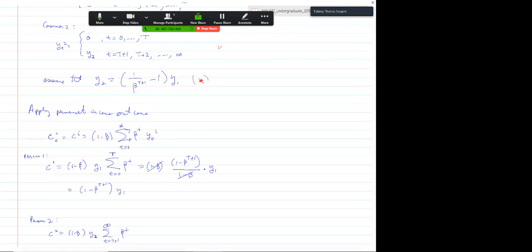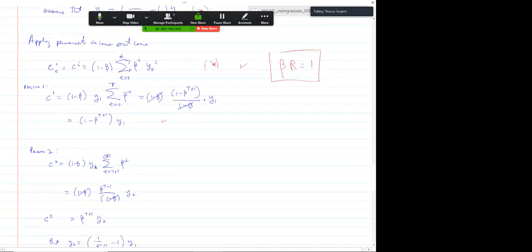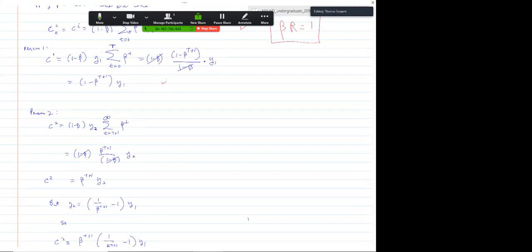The permanent income theory is going to say, that's our equation for what the person consumes. And again, we're using beta R equals 1 throughout here, just like Milton Friedman did. We can compute what person 1 consumes. We can compute what person 2 consumes.